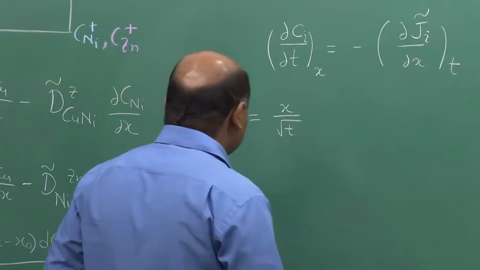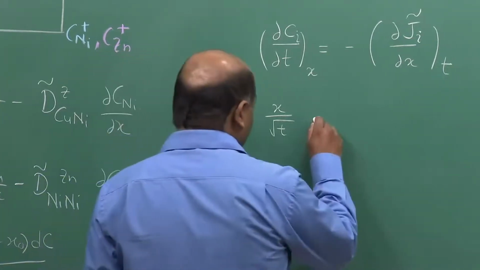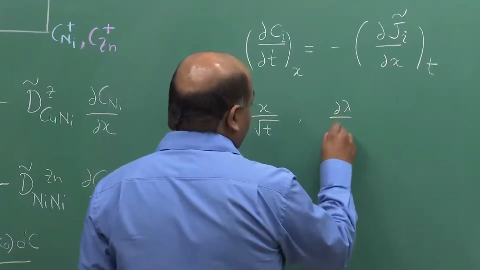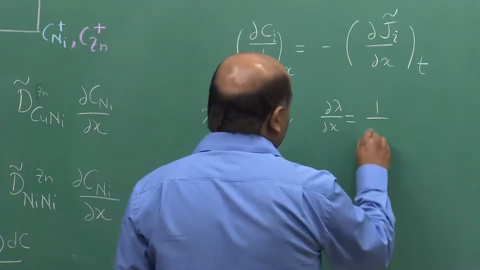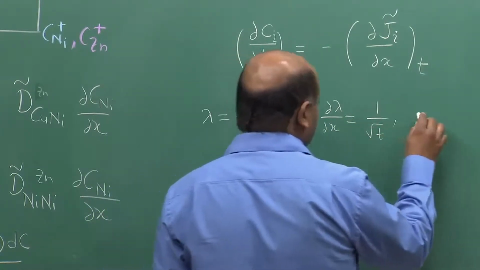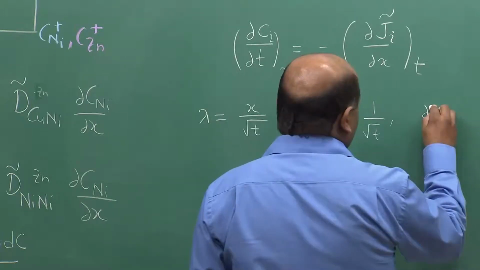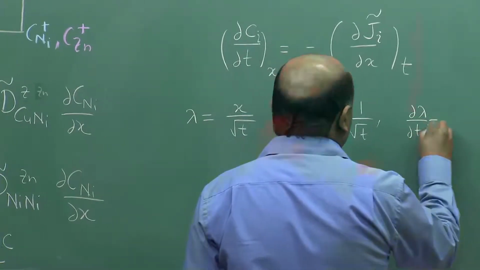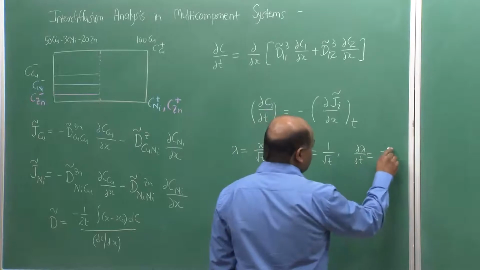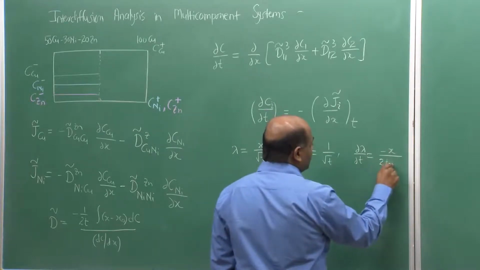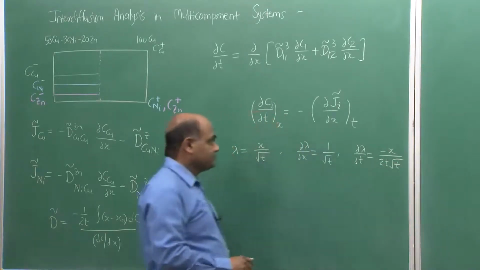So, lambda is equal to x over root T, and so we have dou lambda by dou x is equal to 1 over root T and dou lambda by dou T is equal to minus x over 2 T root T.